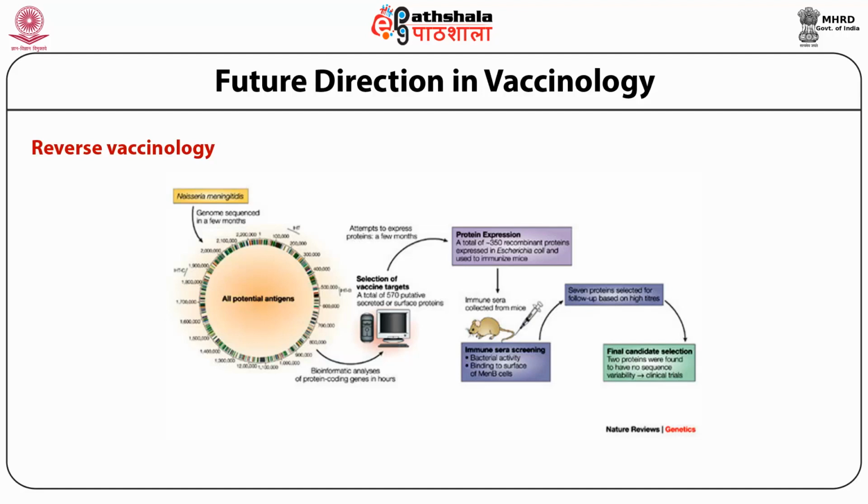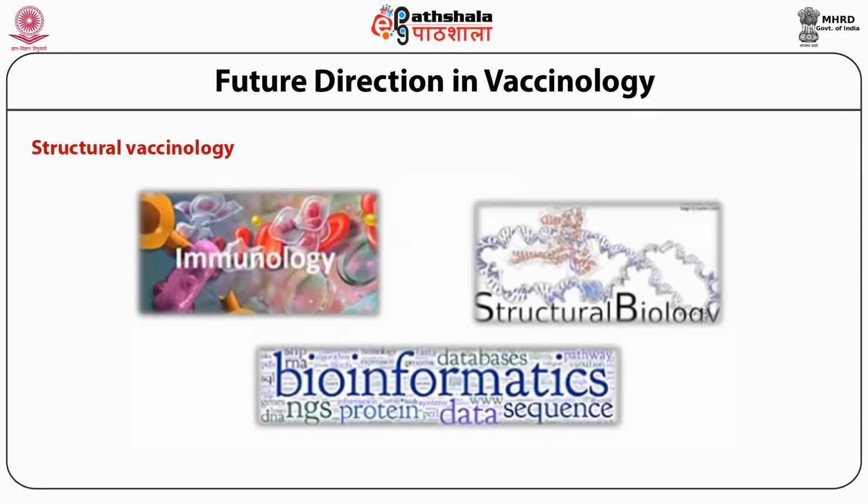The approach has been successfully used for development of licensed vaccines against meningococcal type B. Structural vaccinology is a further evolution of reverse vaccinology. It integrates genome-based approach with structural biology, with the idea that protective determinants can be used to selectively engineer the antigens that can be redesigned and simplified for inclusion in the vaccine combinations.